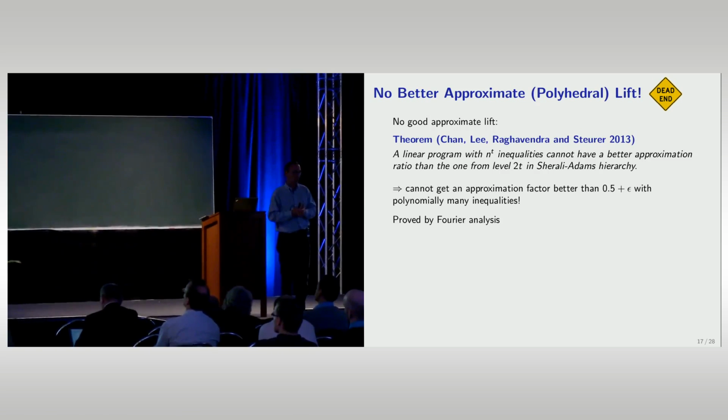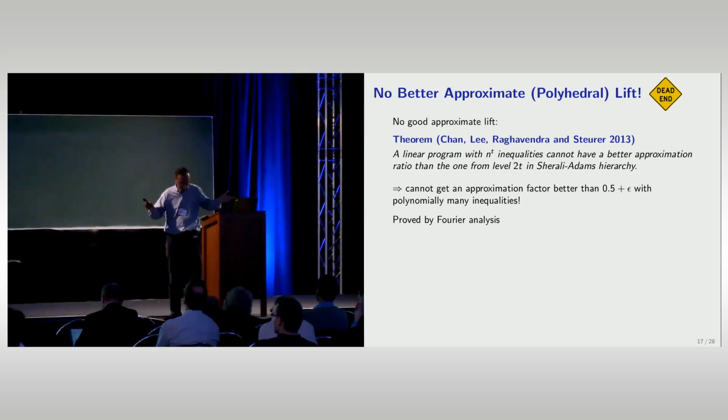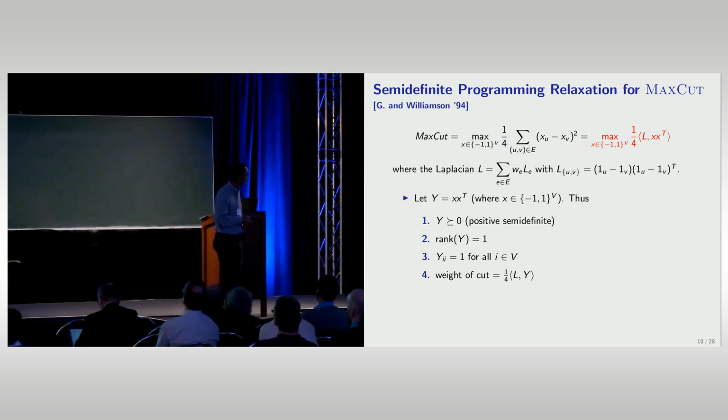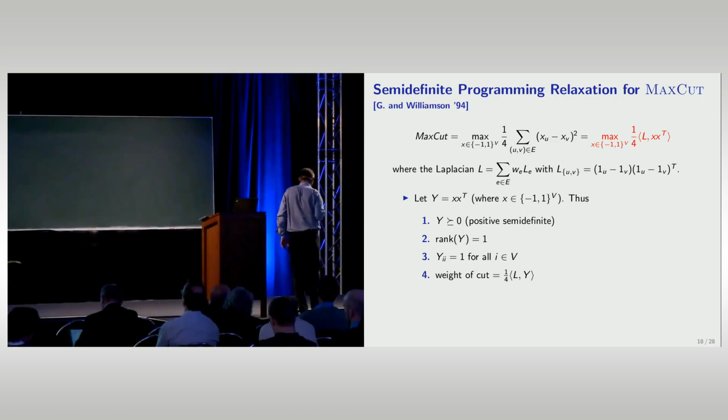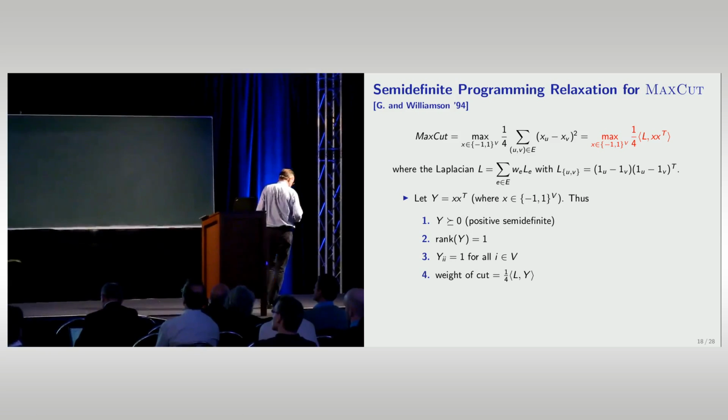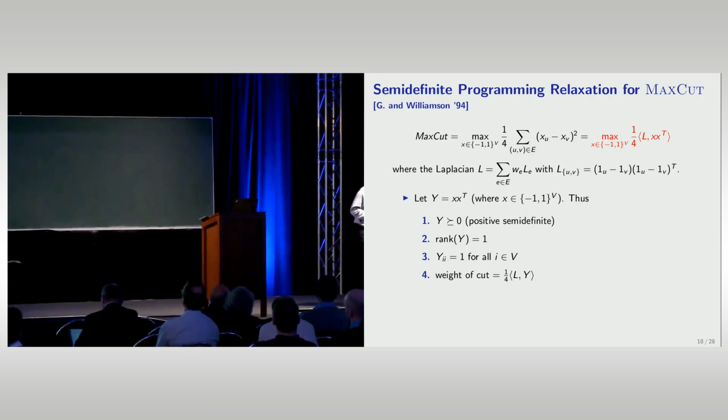And so linear programming most likely will not be able to give you a better than half approximation algorithm for max cut. So we have to think about other ways of approximating cuts. And so about 20 years ago, with David Williamson, we suggested using semidefinite programming.